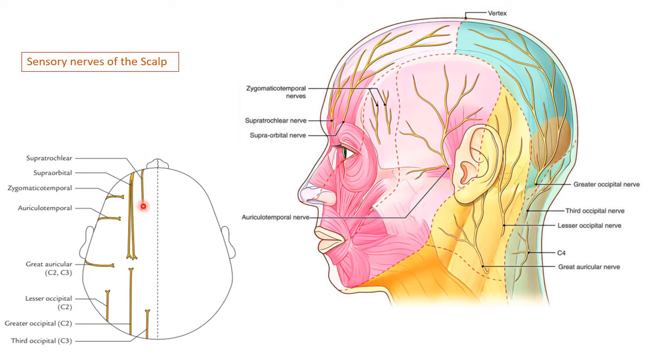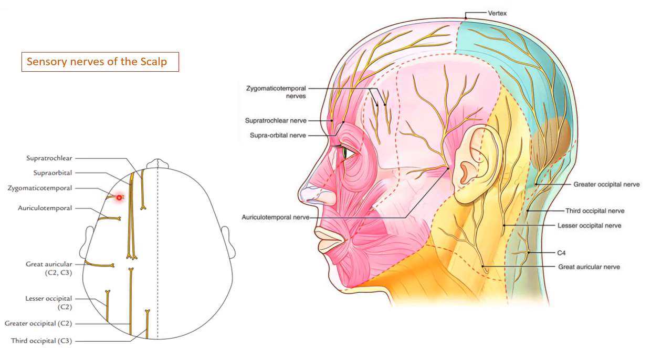This is the supratrochlear nerve. Supratrochlear nerve is a branch of the frontal nerve from the ophthalmic division of the trigeminal nerve. This is the supraorbital nerve. Supraorbital nerve is a branch of the frontal nerve from the ophthalmic division of the trigeminal nerve.